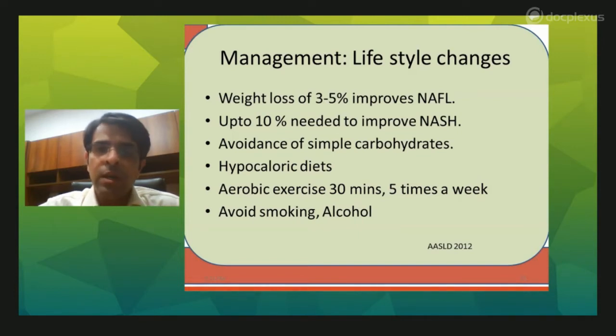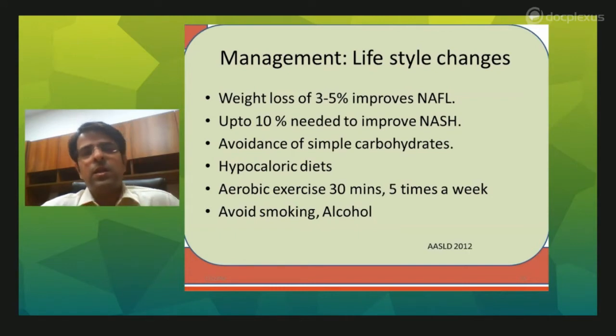You need up to 10% weight loss to improve NASH. So diet, exercise, lifestyle modifications, avoiding simple carbohydrates, simple things like aerobic exercise, and the whole focus should be weight loss. Once you lose weight, there is a chance that NAFL or NASH can improve.